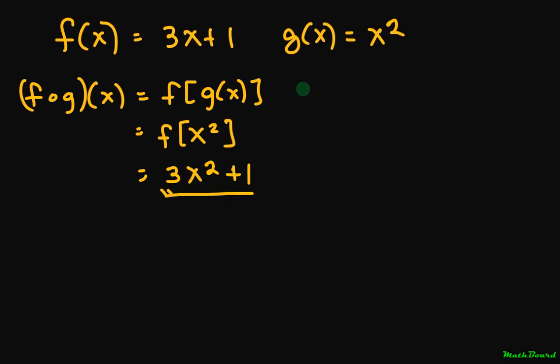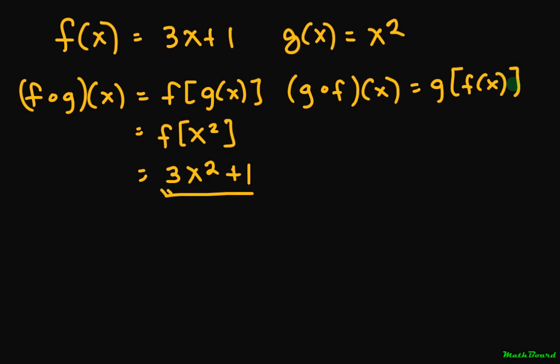But when the problem is g circle f of x, this would be g of f of x. And this is the same as g of, ang f of x natin is 3x plus 1.